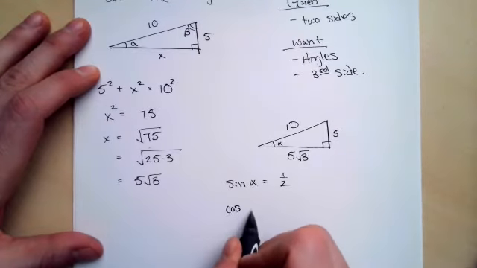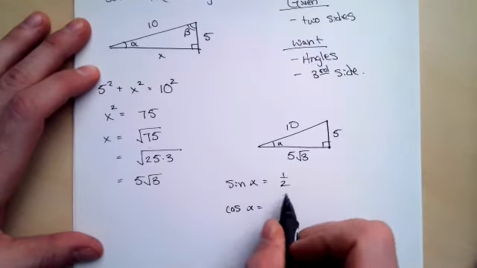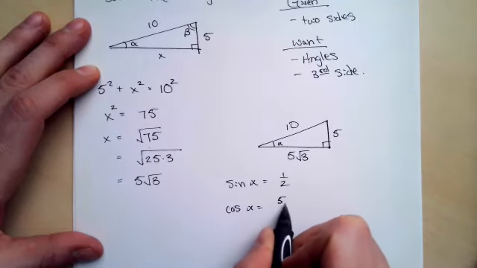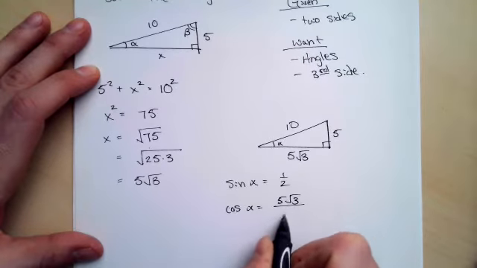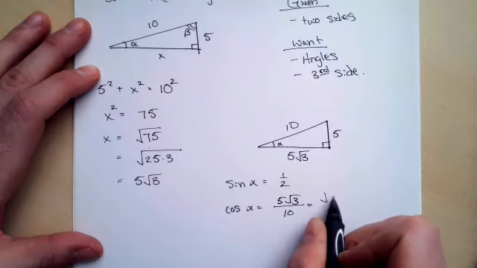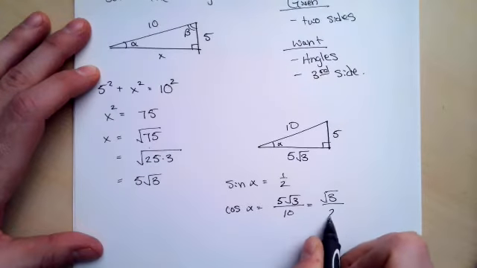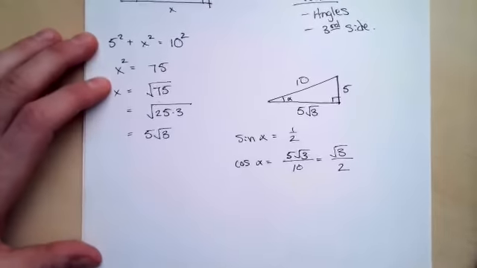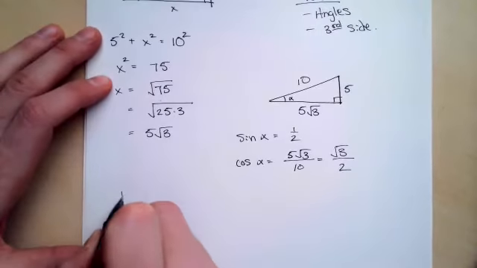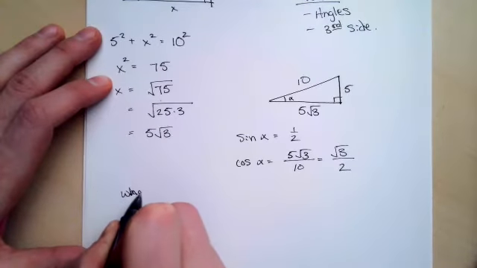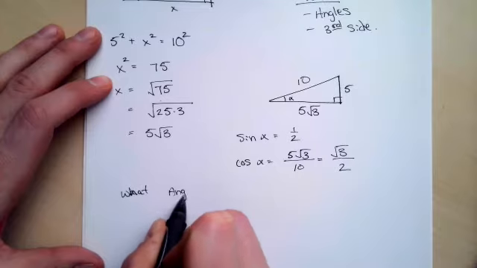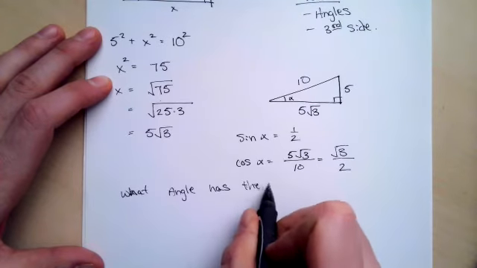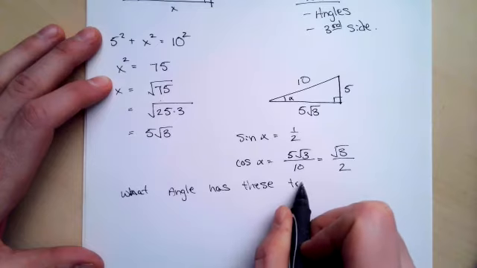The cosine of alpha is, we'll simplify it, 5 square root of 3 over 10. So square root of 3 over 2. And so what you want to ask is what angle has these trig values.